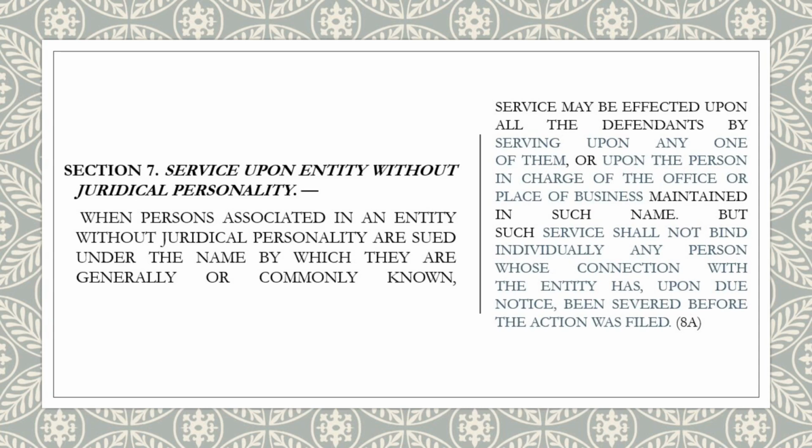When persons associated in an entity without juridical personality are sued under the name by which they are generally or commonly known, service may be effected upon all the defendants by serving upon any one of them or upon the person in charge of the office or place of business maintained in such name, but such service shall not bind individually any person whose connection with the entity has, upon due notice, been severed before the action was filed.